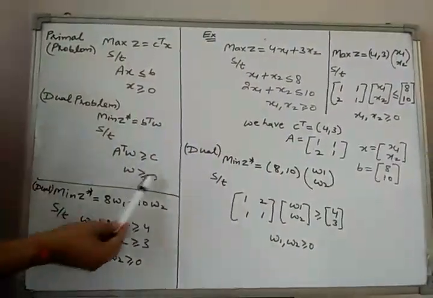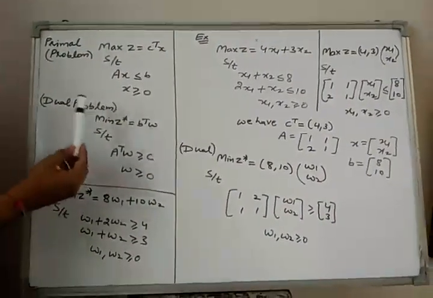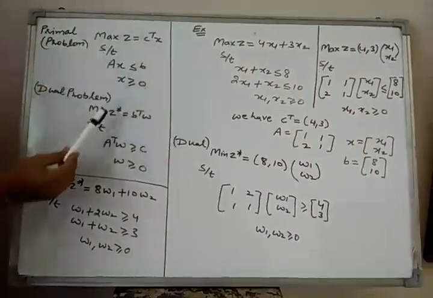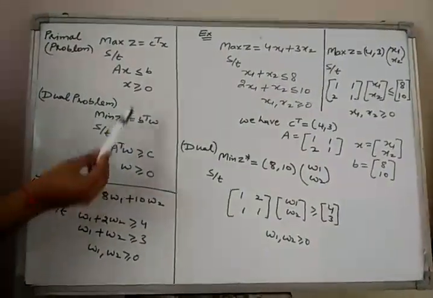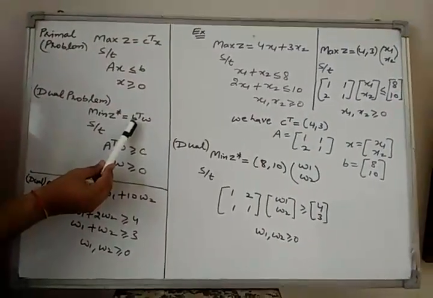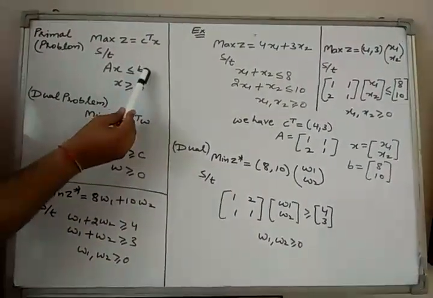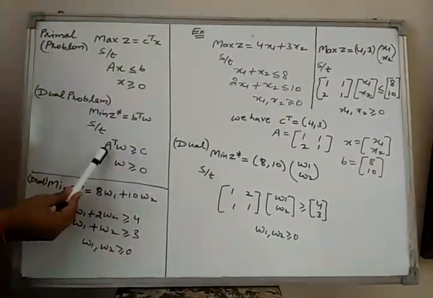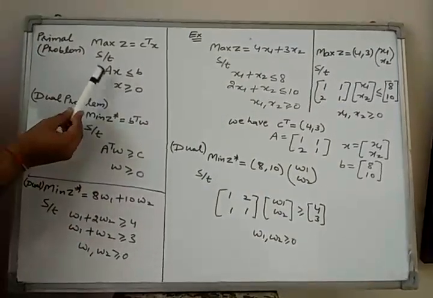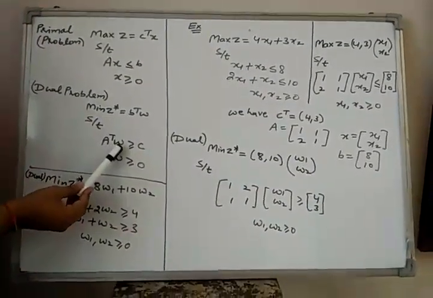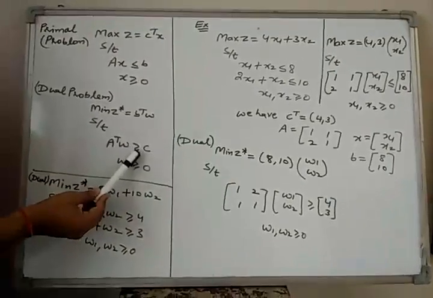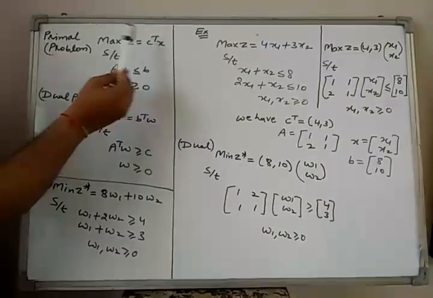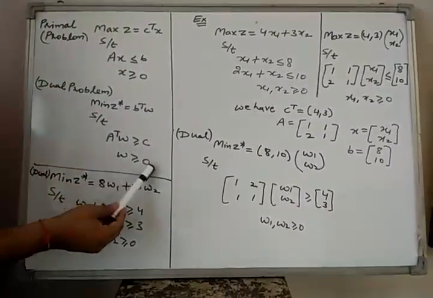In the dual problem, we first change the objective function from maximization to minimization. Here we take the cost coefficients as the transpose of the right hand side of the primal problem, and W are our dual variables. We take the transpose of the coefficient matrix, with W greater than or equal to C transpose, that is the transpose of the cost coefficients of the primal problem, and W greater than or equal to 0.